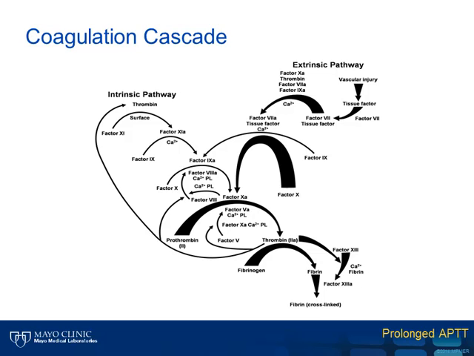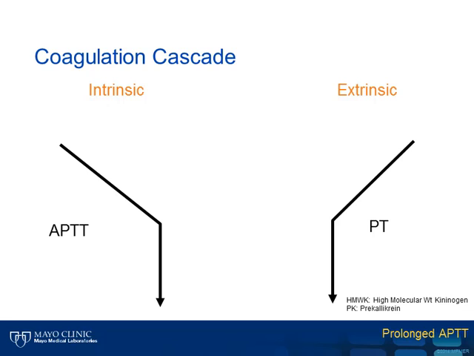This slide shows the complexity of the coagulation cascade that consists of coagulation factors within the extrinsic, intrinsic, and final common pathway. As each clotting factor is activated, there are some complicated feedback activation steps that occur. For practical purposes, the coagulation cascade can be simplified into a framework as shown on this slide.